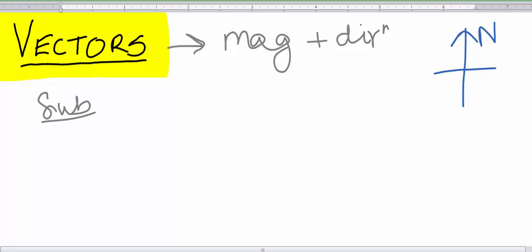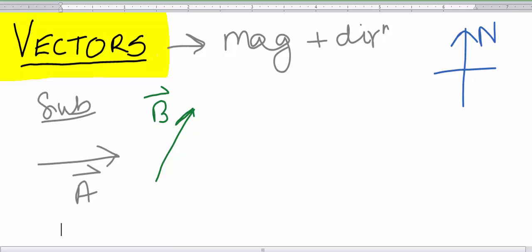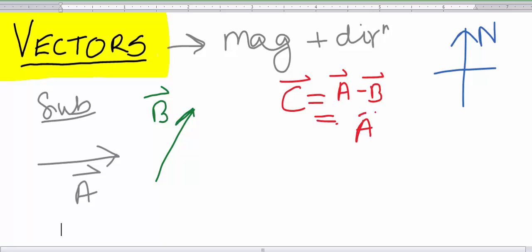Okay, let's say we have a vector A and a vector B. So now you see we define a vector C in such a way that C is the difference of A and B vectors. So we can also write this as C is the sum of A vector and the negative B vector.